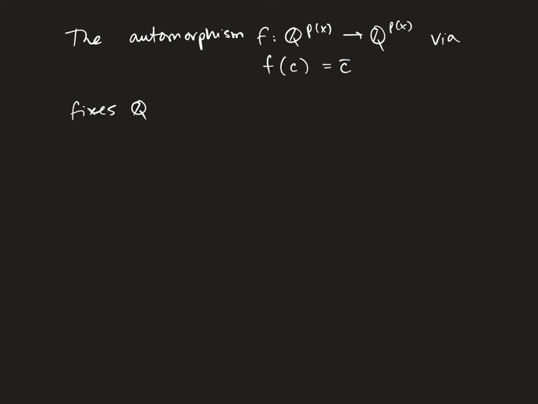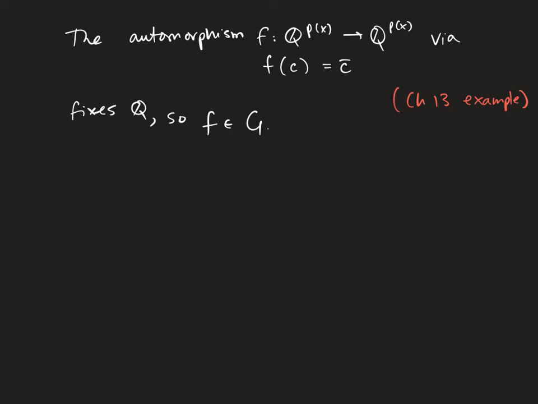This is an example that we did in chapter 13. So this is a chapter 13 example. And that means that we have the conjugation automorphism in our Galois group. So F is an element of our Galois group, which we are naming G.